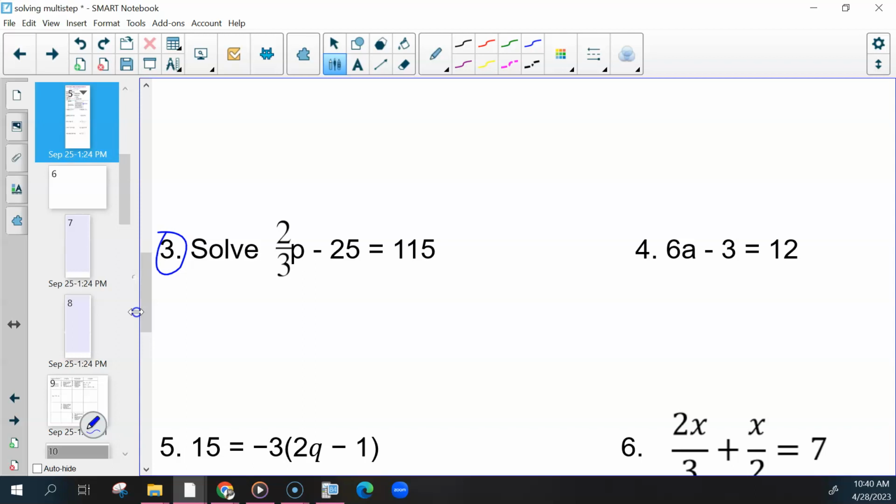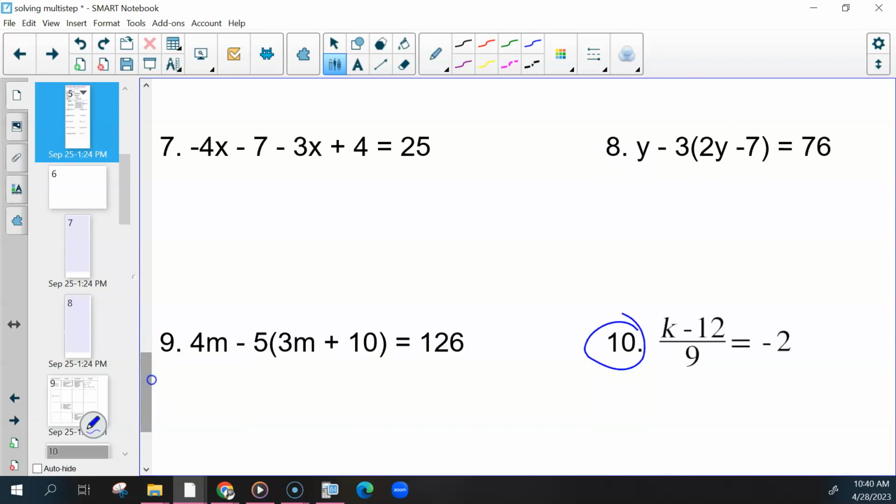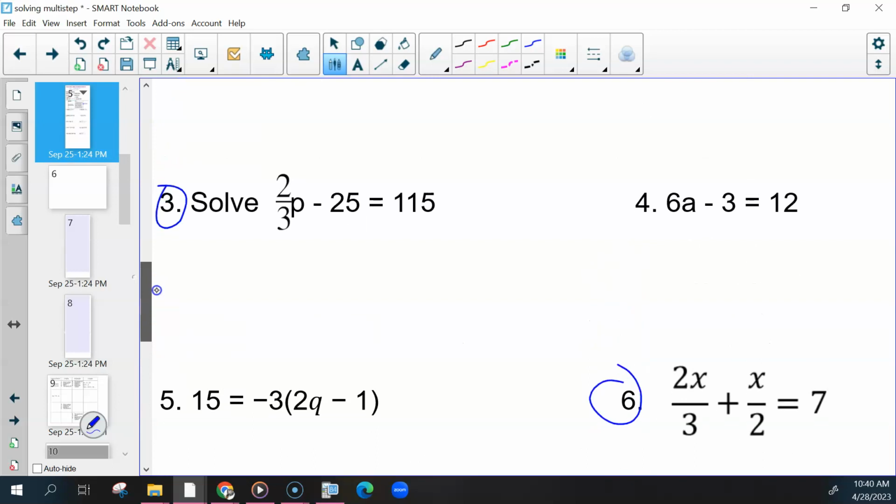Were there any others we wanted to see, do, go over, review on this page? 6. 10. Any others? Did we go over those? You said 3, 6, 10. 7. Okay.